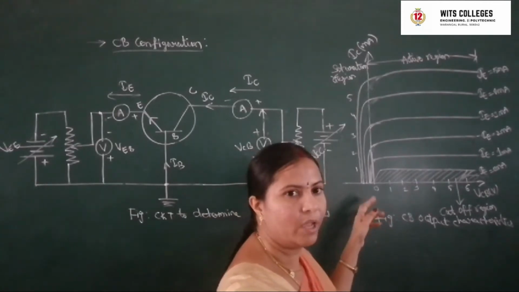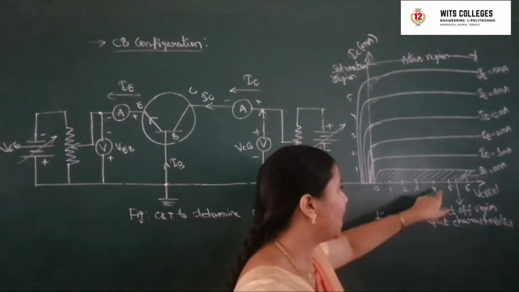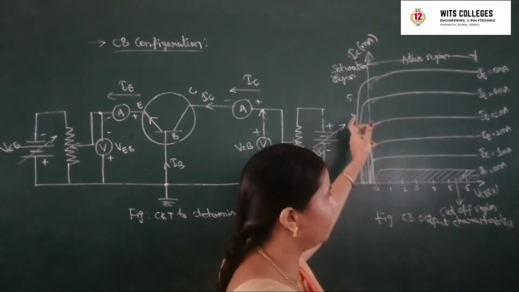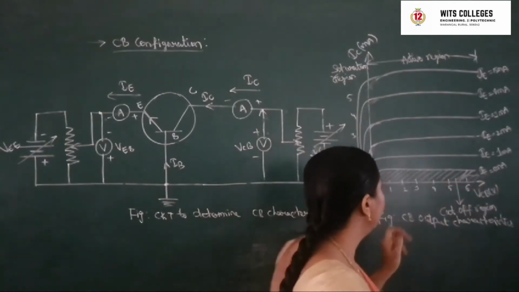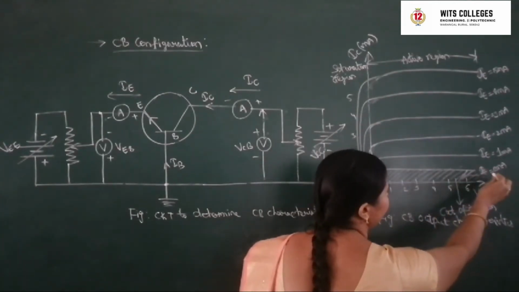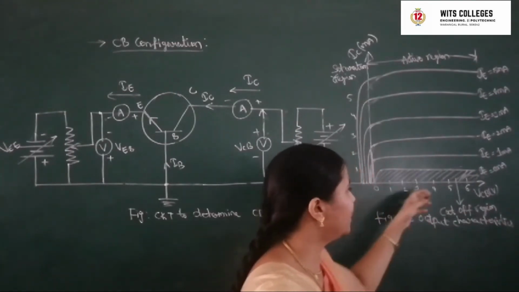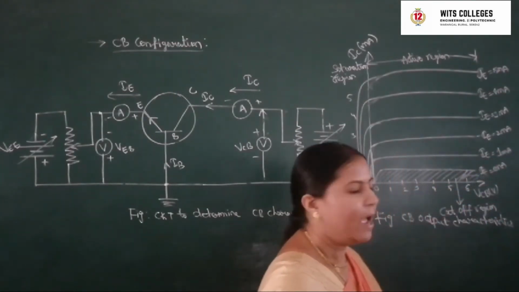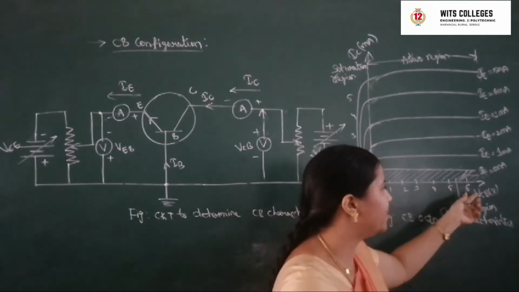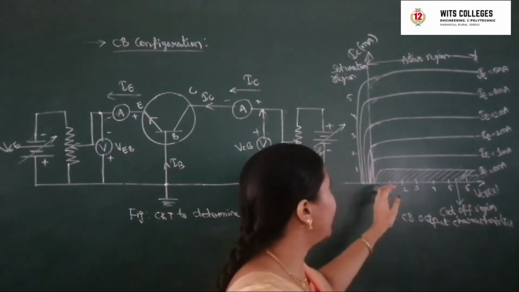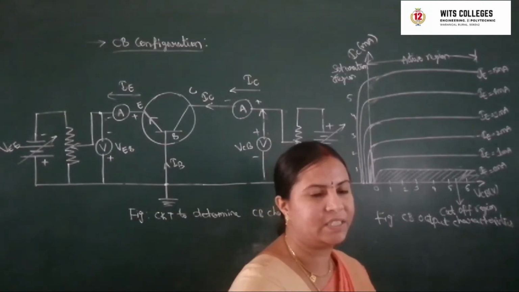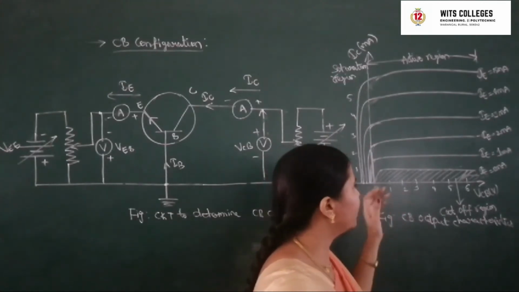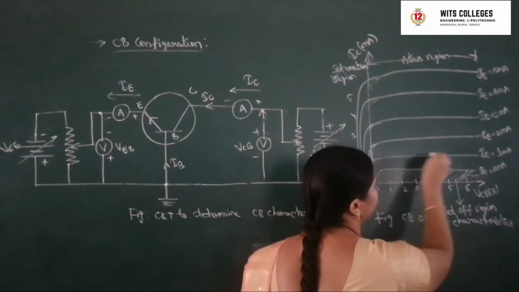Now if you draw the curve between voltage and current at constant IE equals 0, you will get the waveform like this. Next, you keep IE equal to 1 milliamp, vary the collector to base voltage, and note down the collector current values step by step. If you draw the curve, you will get the waveform like this.